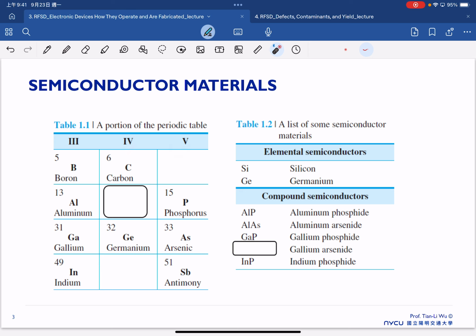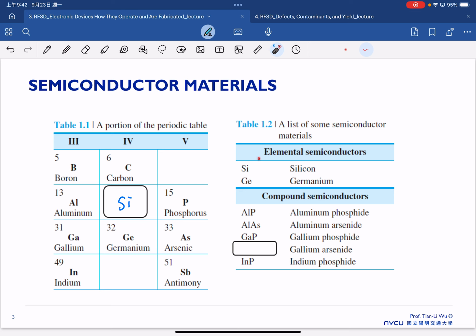semiconductor applications. And then in terms of group 4 here, the most important one for sure is silicon. So silicon often is the group 4 material here. And with group 4 materials, for example, silicon and germanium, basically we can already make a semiconductor device based on these elemental materials.